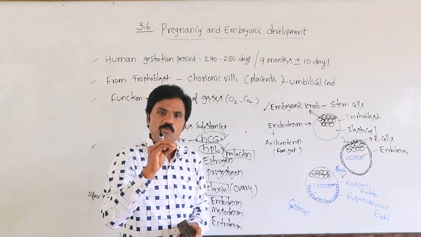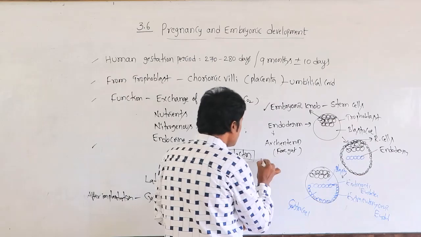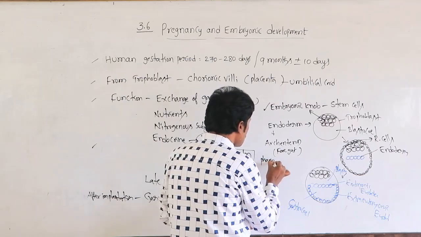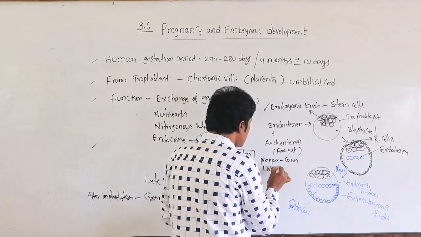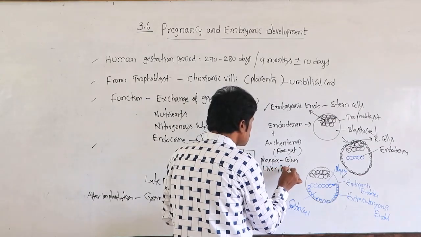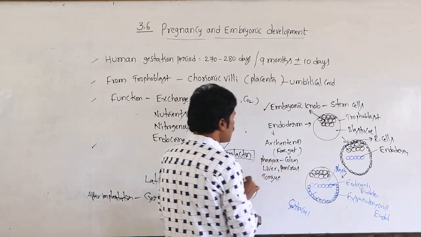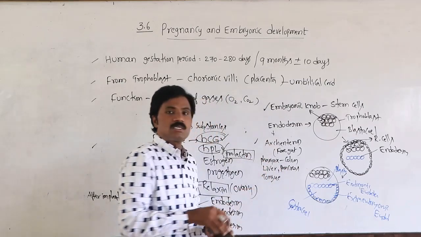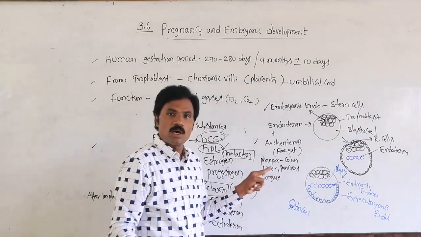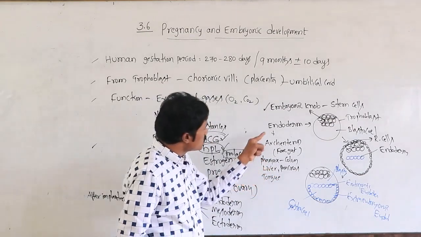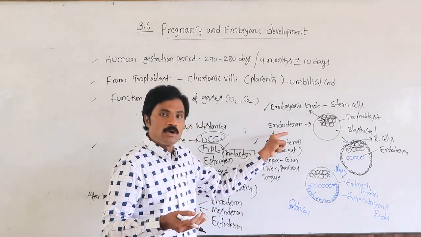Here it develops the foregut as well as the parts from pharynx to colon, as well as liver, pancreas and tongue. So these digestive organ system parts originate further from endoderm only.